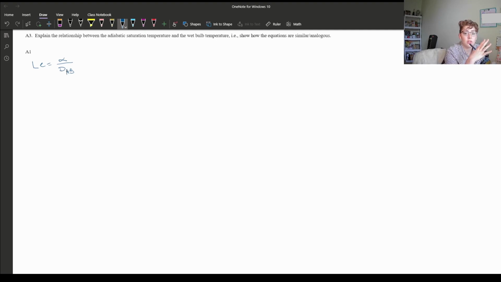And so the first thing that we're going to look at are equations that we already know relating to mass transfer and heat transfer. We have our convective heat transfer, and we have conductive heat transfer.